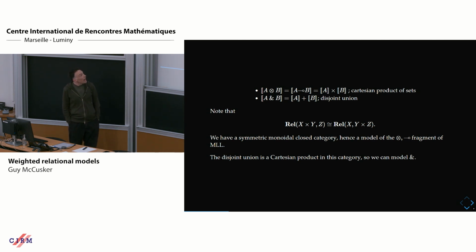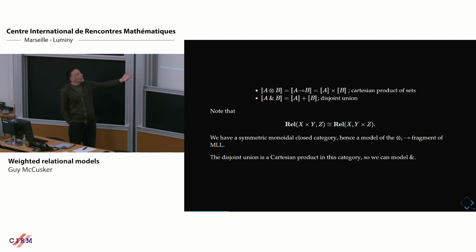The tensor and the linear arrow are both interpreted using the Cartesian product of sets. As Julia pointed out in discussion yesterday, this model is very degenerate. The dual is trivial, so A perp and A will be the same thing. Everything collapses: all the multiplicatives collapse. We have an interpretation of the with, the Cartesian product, using disjoint union of sets. This is a kind of standard thing.